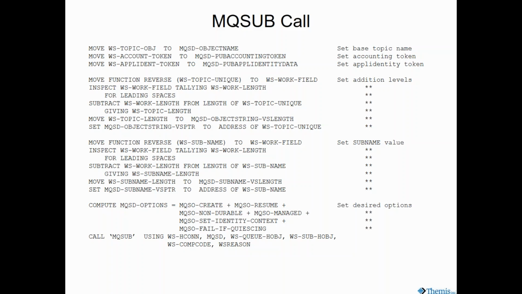I'm subtracting it. The topic length I compute and subtract, and then move the topic length to the object string length. And then set the pointer, object string VS pointer, to the address of the unique topic. So essentially calculating the length of the thing.